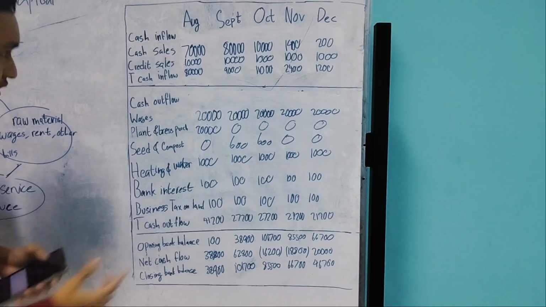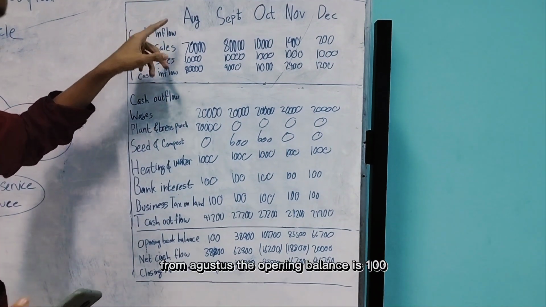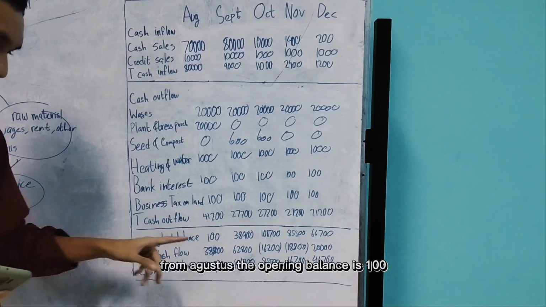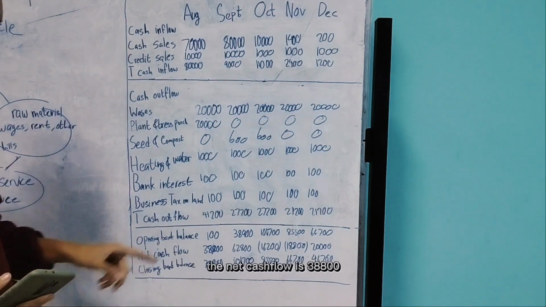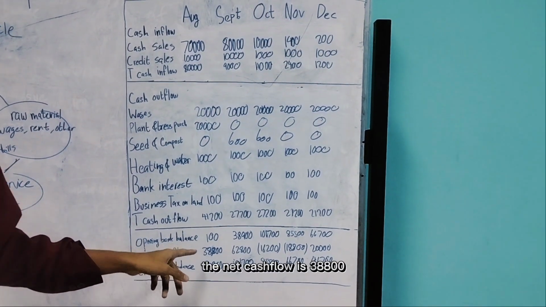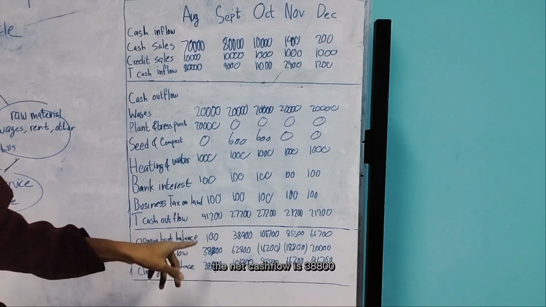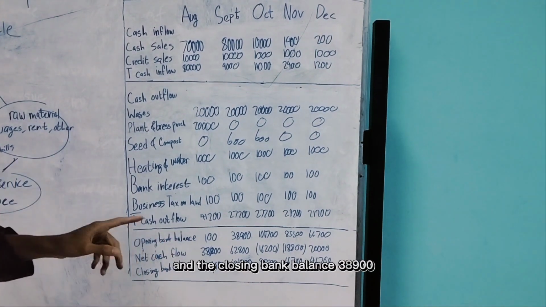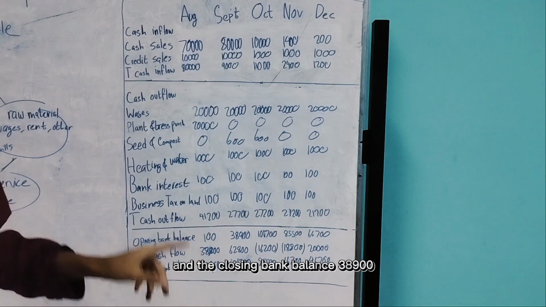From August, the opening balance is 100, and then the net cash inflow is 3,800, and then the closing balance is 3,900.